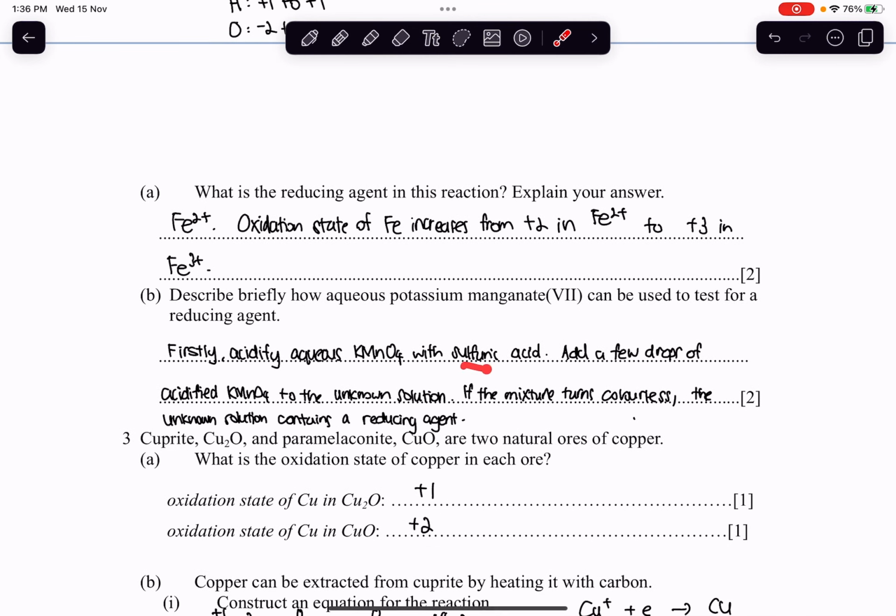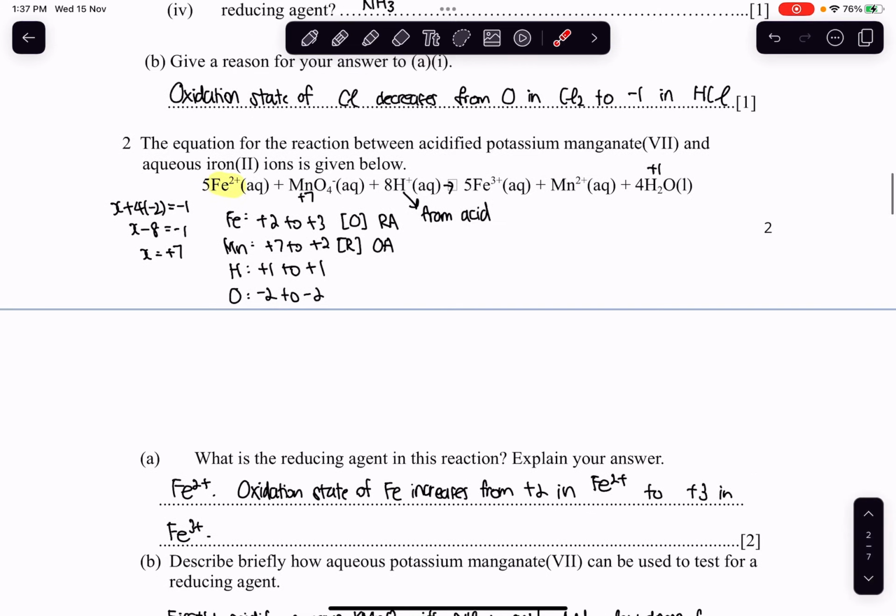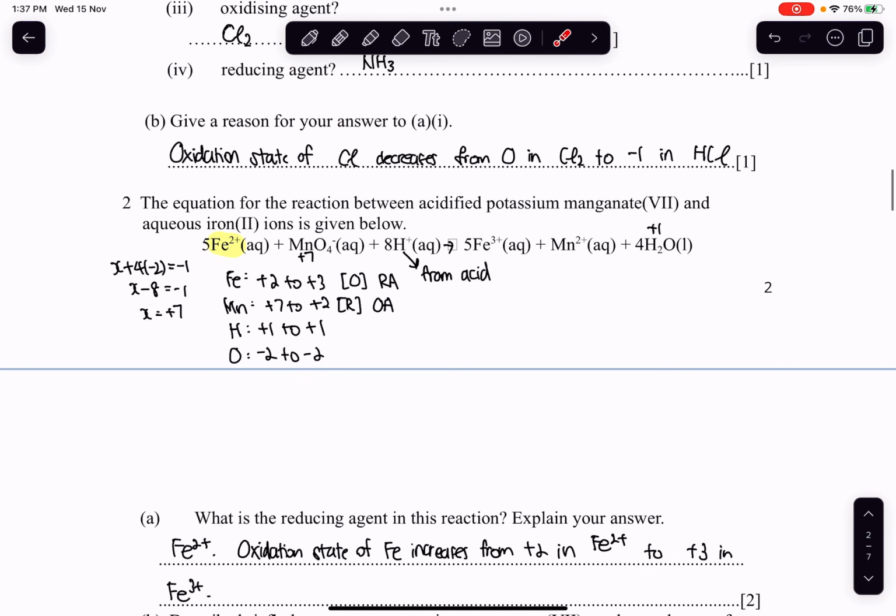So after you have acidified it, you add a few drops of acidified KMnO4 to the unknown solution. If the mixture turns colorless, the unknown solution contains a reducing agent. Why? Because originally MnO4 minus is purple. So when it's reduced to Mn2 plus, it will turn colorless.